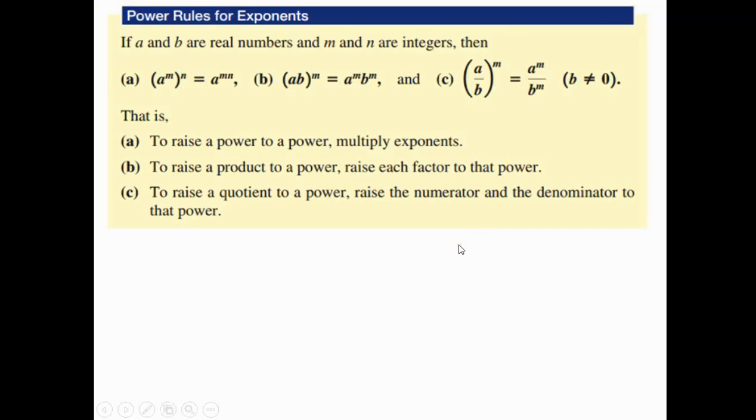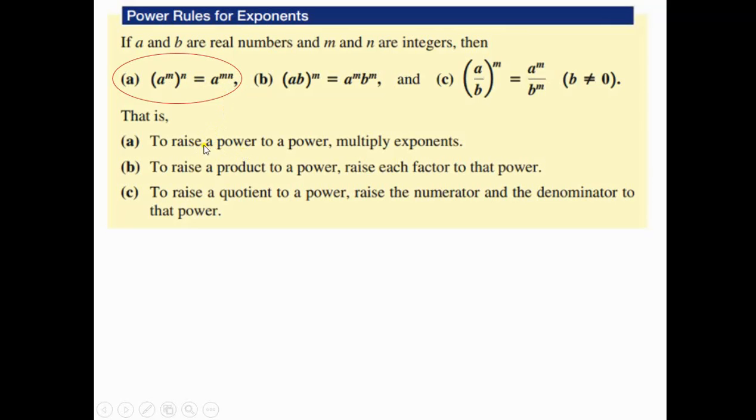Okay. Let's first try to demonstrate the first one here, which is typically referred to as a power to a power, right? So if you look here, we've got the quantity a to the power of m to the nth power, a power to a power, right? And if you look at this, basically that's saying that that will actually be a to the power of m times n.